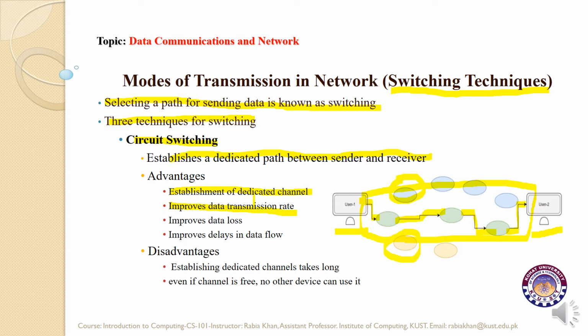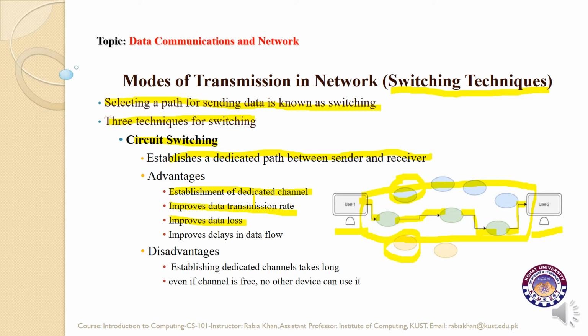Another benefit that circuit switching brings is there is less chance of data loss. If you establish a dedicated path, that means whatever you send has 100% chance to be received. So less amount of data loss may happen only if there is a distortion in the channel, the communication path that has been formed.